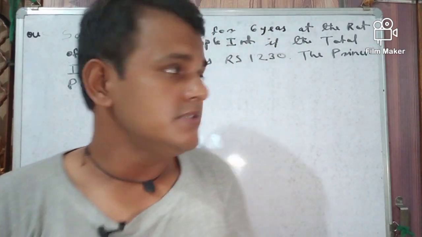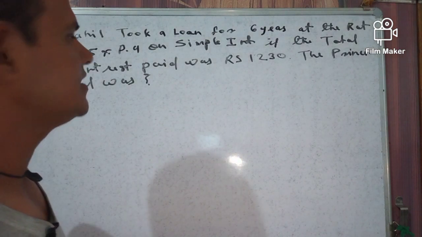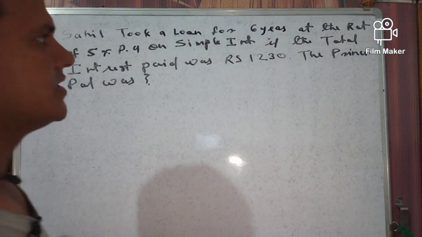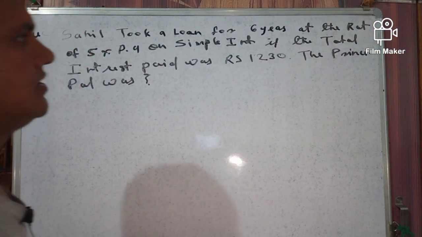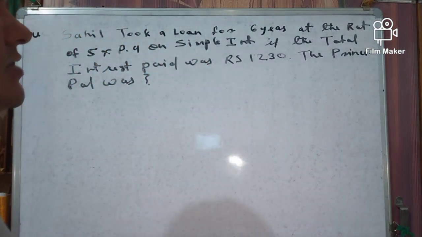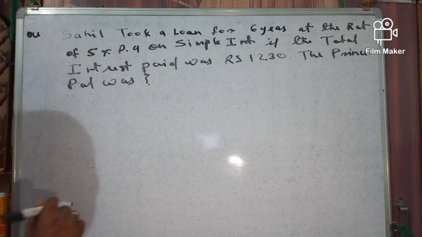Question number 2 is: a child took a loan for 6 years at the rate of 5% per annum on simple interest. If the total interest paid was Rs 1,230, the principal was, we need to find the principal.